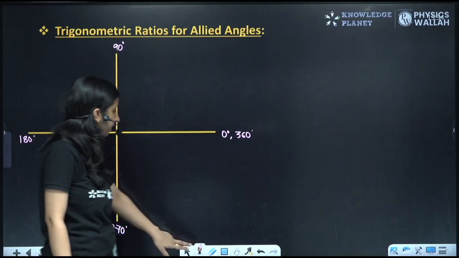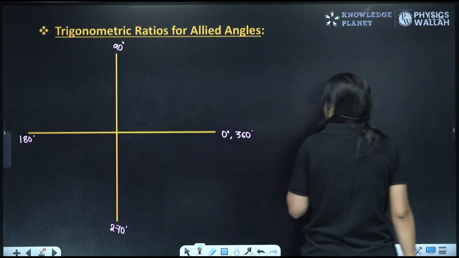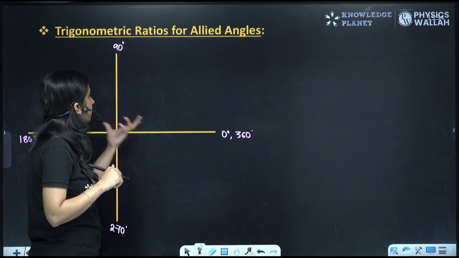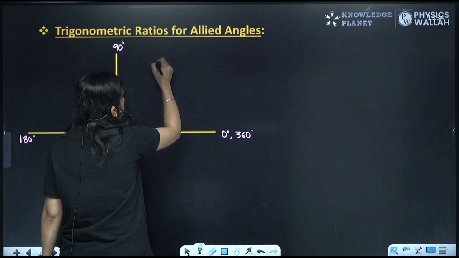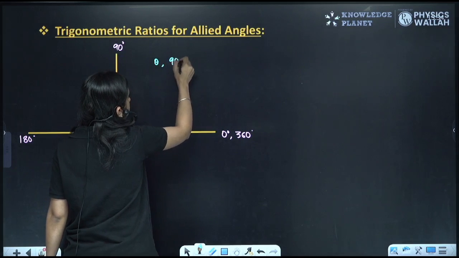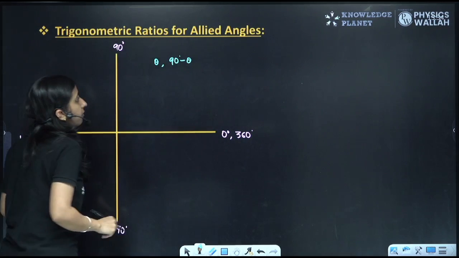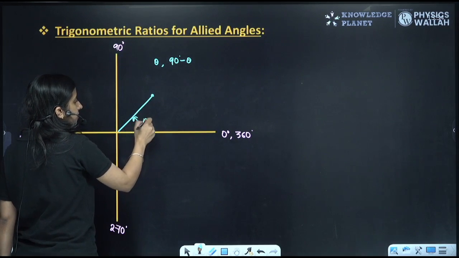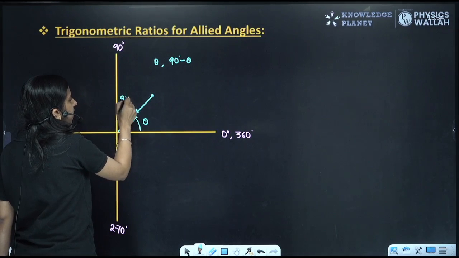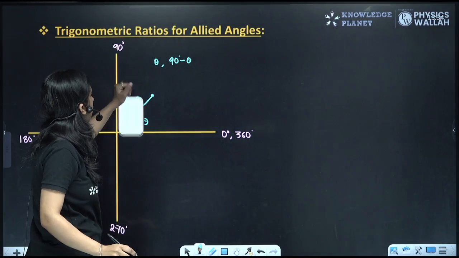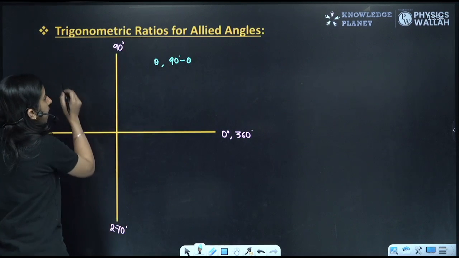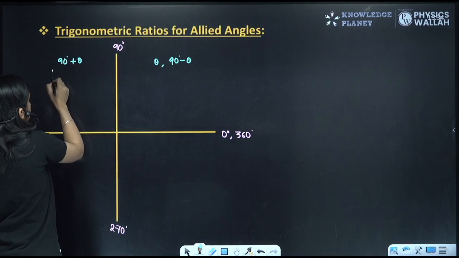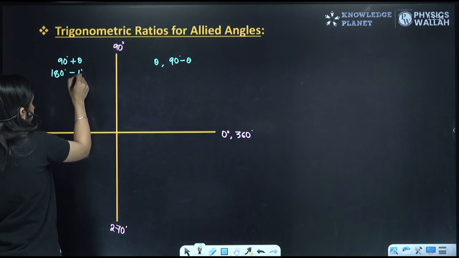Now how to define an angle? If my angle lies between 0 to 90, that is in the first quadrant, we can write it simply as theta or 90 minus theta. This is how we can define that angle. In the second quadrant, we can define it as 90 plus theta or 180 minus theta.